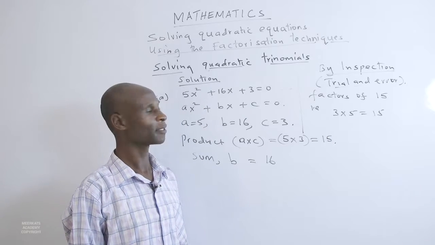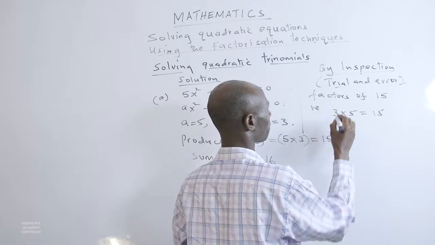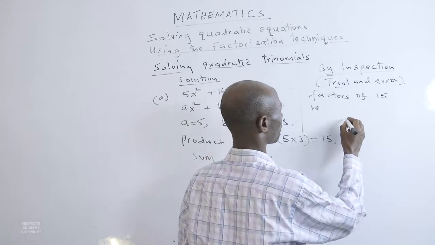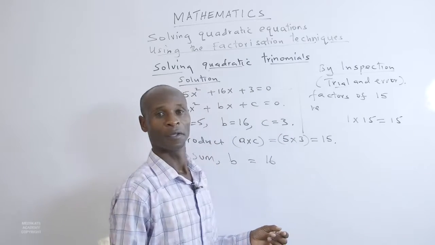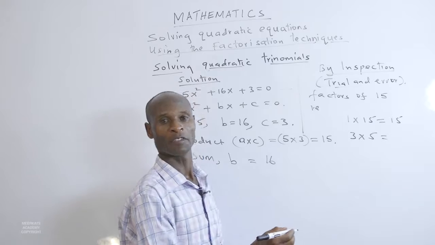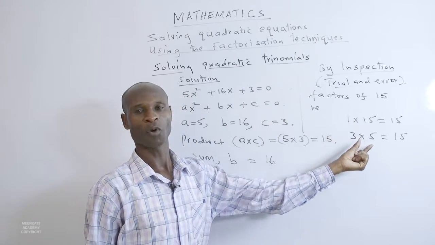Another factor, class? We have 1 times 15. We have 3 times 5. So both of the factors are positive.